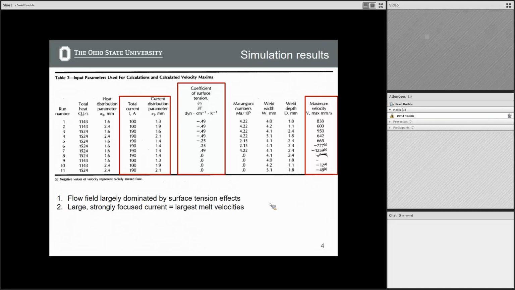We also want you to notice how much faster you can start making the melt pool. That's how they present the results, so that's how I'm presenting it here.